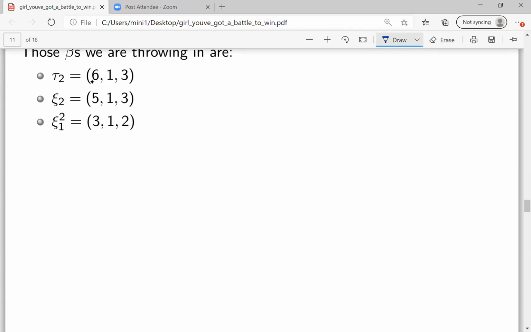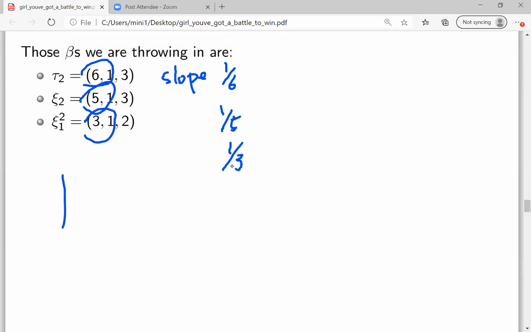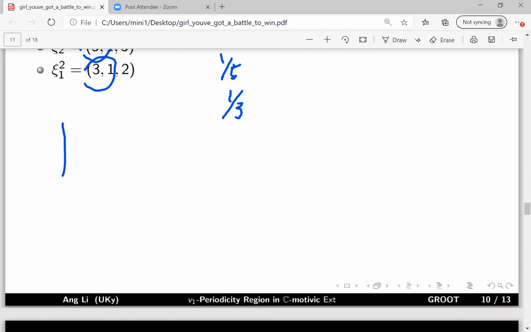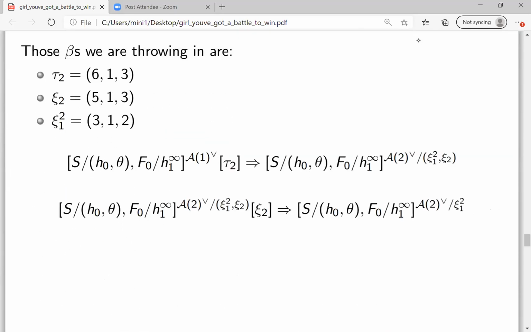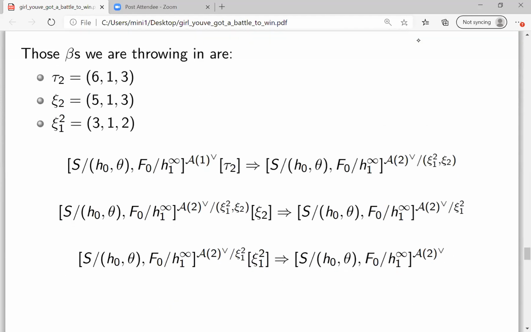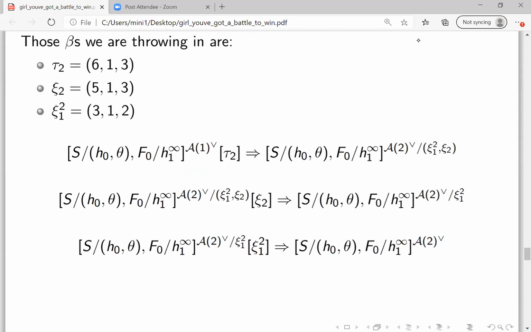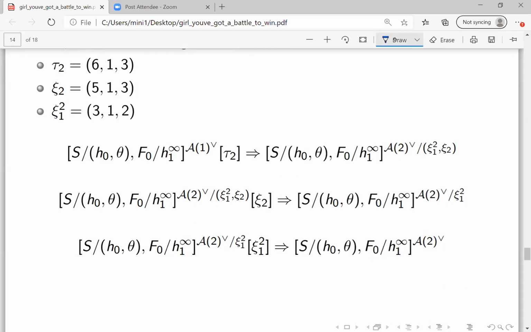So the slopes, we are just smashing it to the screen, so we are looking at the slopes 1/6, 1/5, and 1/3. And then we throw them in repeatedly. And okay, so the first two are the bad case.